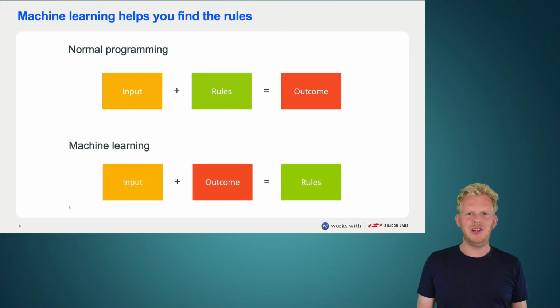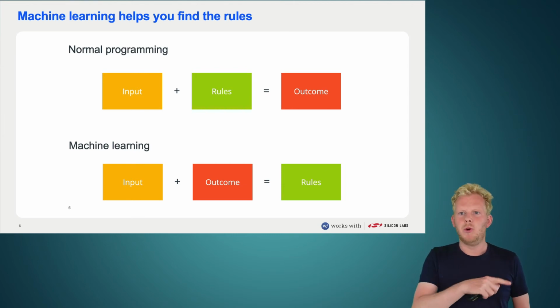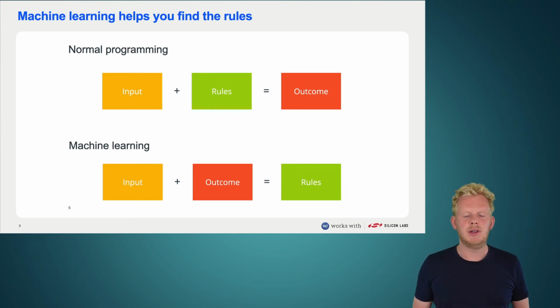So I'd like to see machine learning not as a magic box where you throw some stuff in and something comes out, but rather as a different way of writing that application. So rather than say, I have an input and I have rules, and then an outcome comes from that, I say, I have an input, a waveform of an elephant trumpeting, for example, and an outcome, this was an elephant. Go find those rules for me.